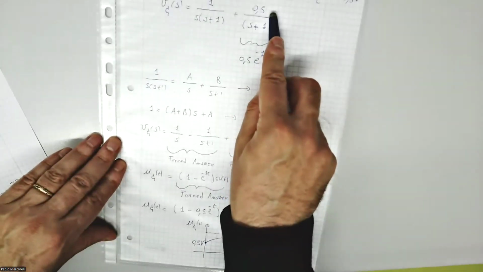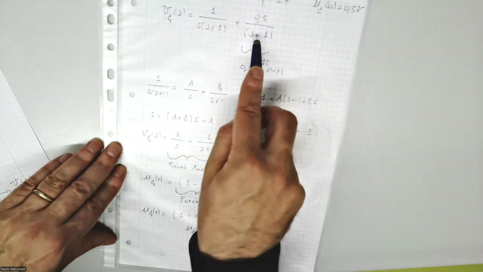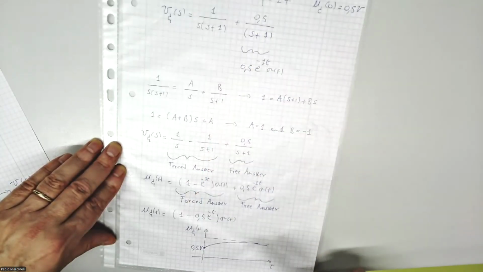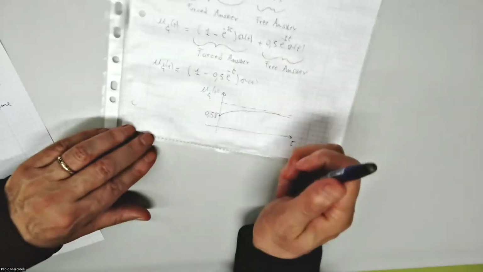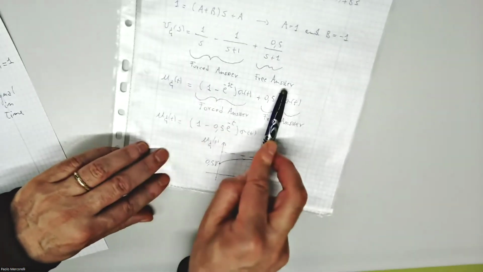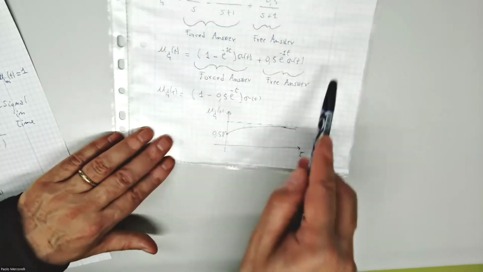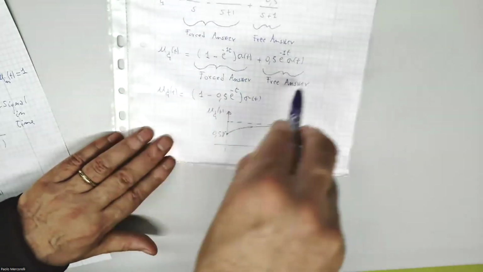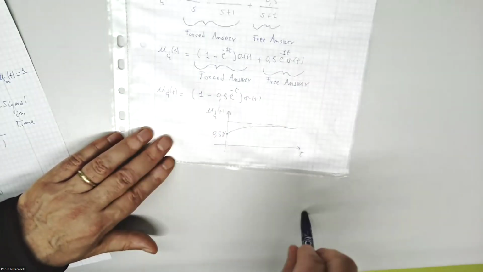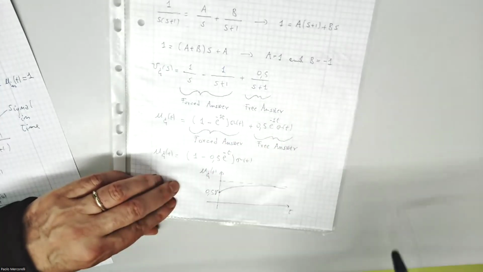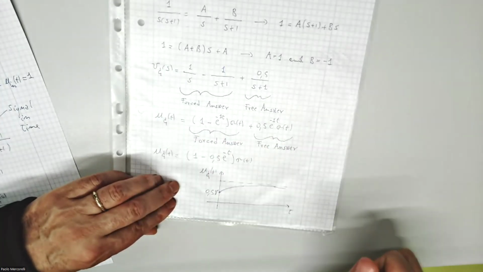This means R multiplied C1, 0,5. If I do the back transformation, in our language, free and forced answer. You don't need this for the exam, but we already did this free and forced in dynamical system. Here, of course, it's a little bit connected with S, but you know that from math, no?